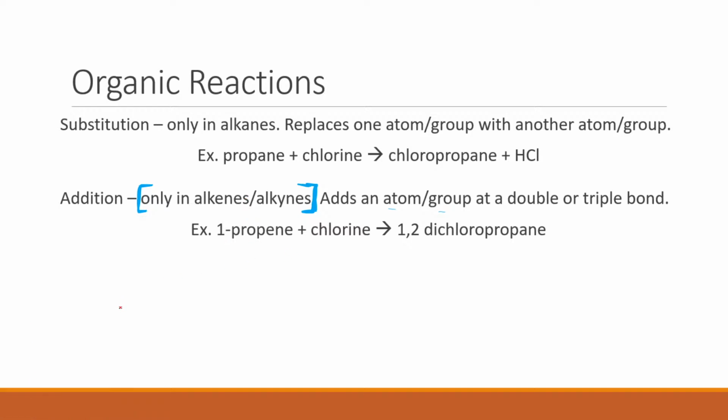The reasoning here is that it's going to add an atom or a group at the double or triple bond. So we're going to see a little bit of a different setup here. We're going to draw one propene. I'm going to try to stick to black with all of the bonds here, so just bear with me a second.